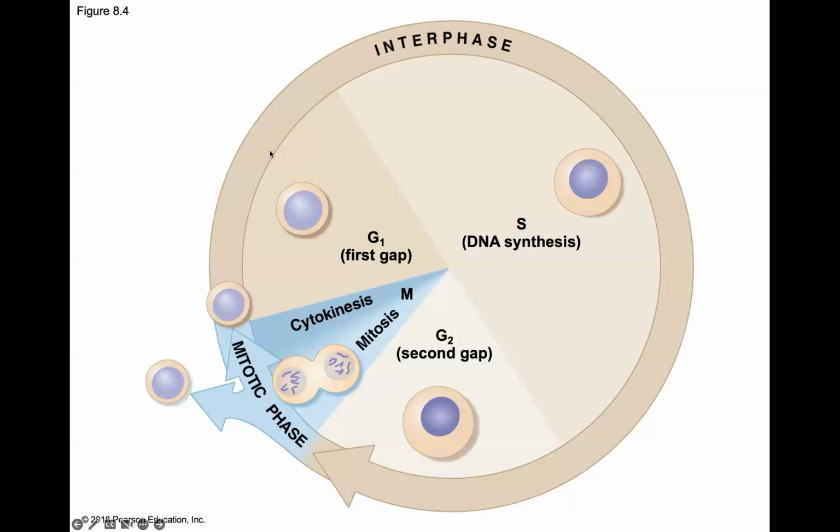So we've got interphase, which we said collectively consists of the G1, S, and G2 phases of the cell cycle. And then we've got M phase, which is basically going to contain mitosis and cytokinesis, the actual splitting of this cell into two daughter cells, okay?